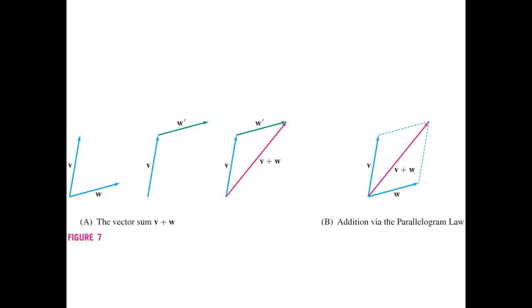So if you did both of those simultaneously, transport W up there, V over there, then the point where they come together would be your terminal point for V plus W. It's called the parallelogram method, where you actually draw the parallelogram, V parallel to V and W parallel to W. And here's that picture.